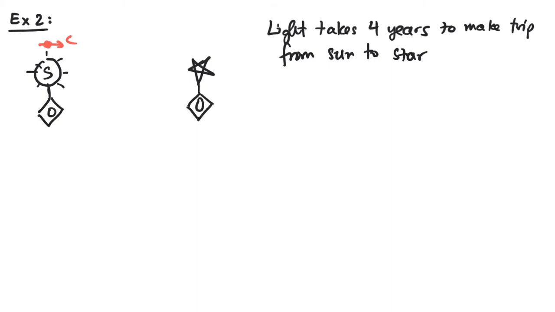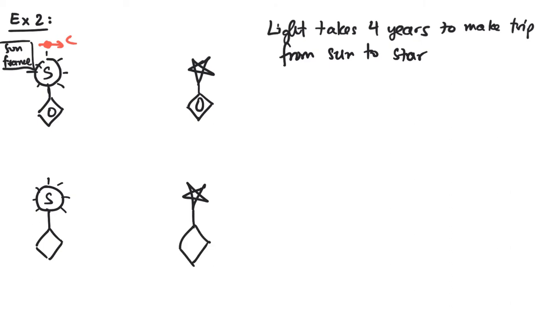At the launch of the photon, those clocks both read 0, and then sometime later in the sun frame, the sun and the star are in the same places, but now this photon has arrived, and 4 years has elapsed in this frame.